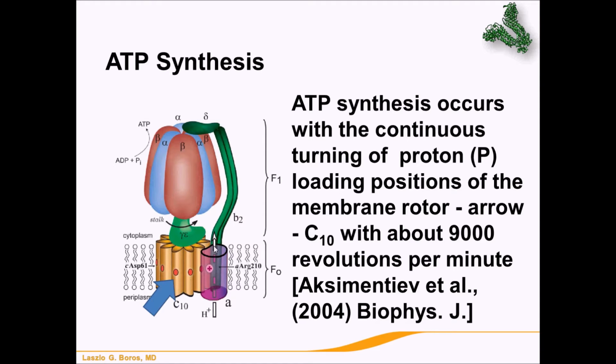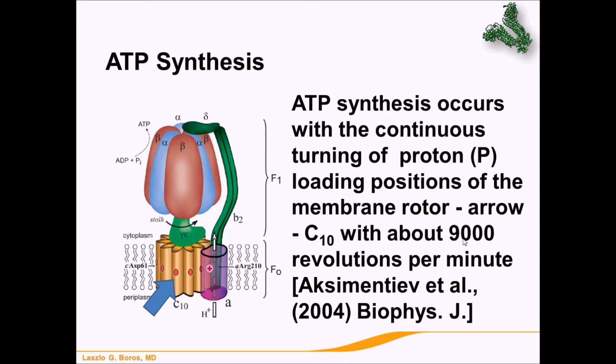In the static or stator protein part, which is anchored in the membrane and is not moving, there is a positively charged arginine 210 residue. And when this binding site becomes positively charged by a proton, it will push the rotor in the leftward direction.